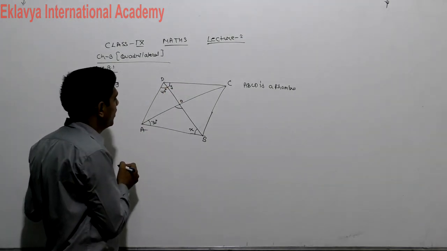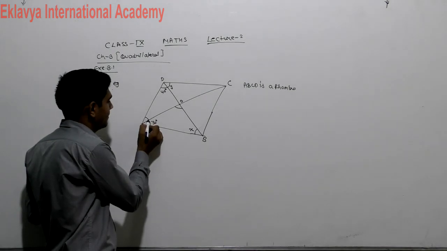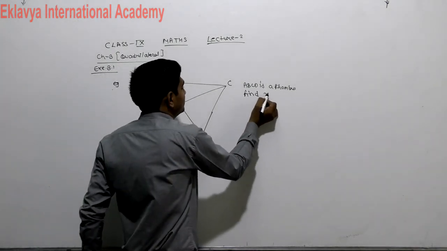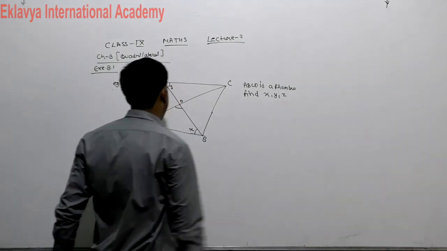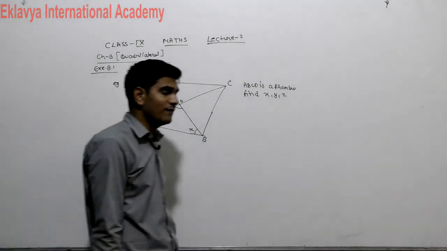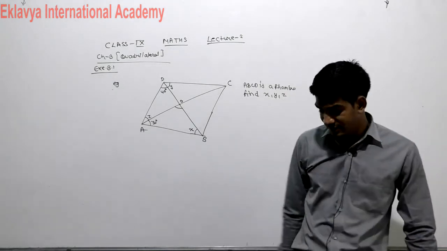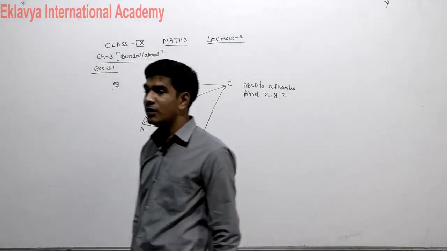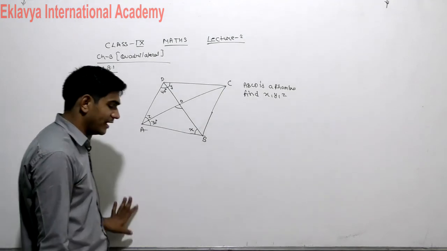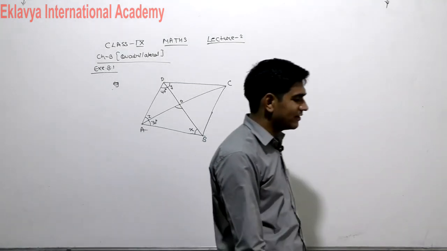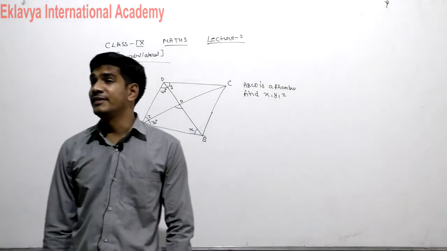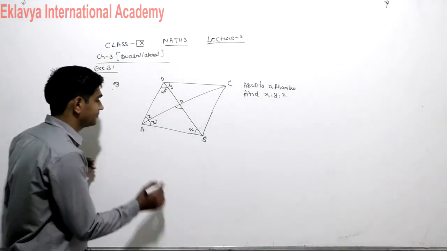X, Y, Z. Then find X, Y and Z. ABCD is a rhombus. Then how we will find out here, students, the value of X, Y, Z? First of all, here ABCD is the rhombus, and we know that in a rhombus its diagonals bisect each other at right angle.